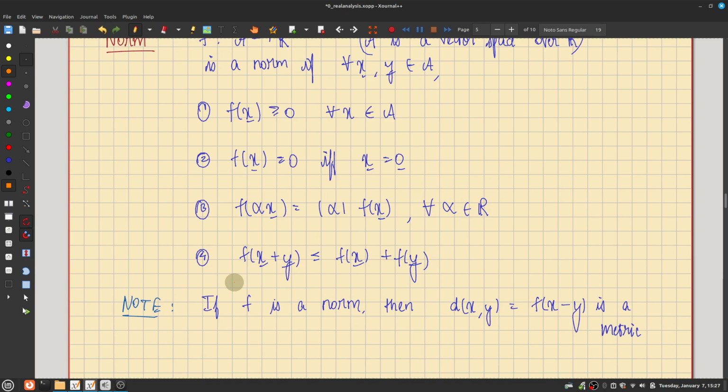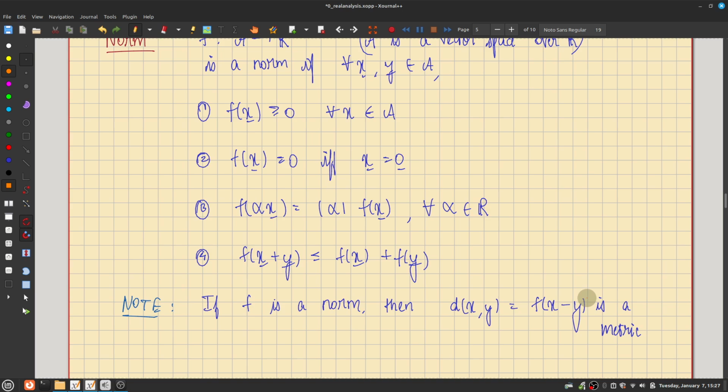And you can see immediately by comparing the two definitions of metric and norm, if f is a norm over a vector space, then f of x minus y forms a metric. So using a norm, you can always construct a metric.